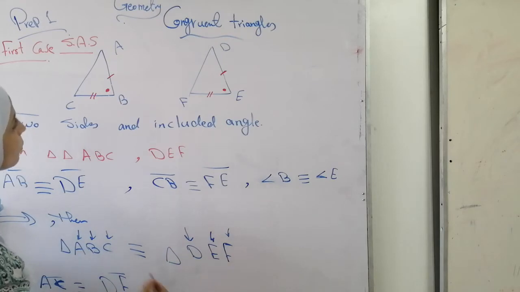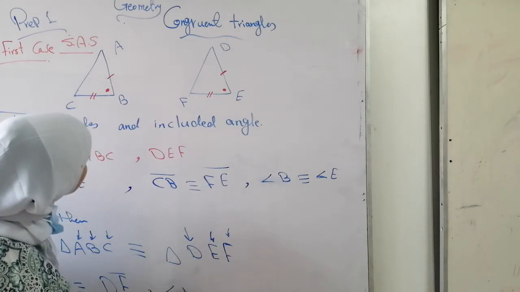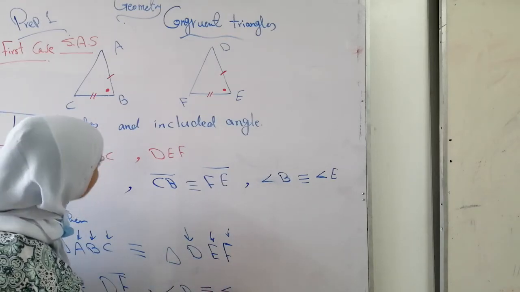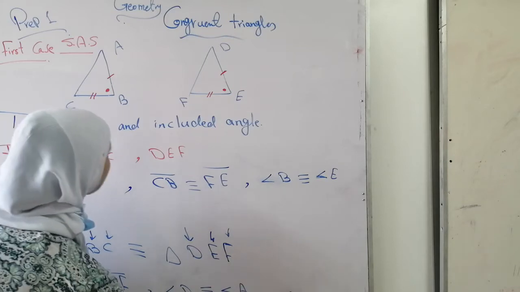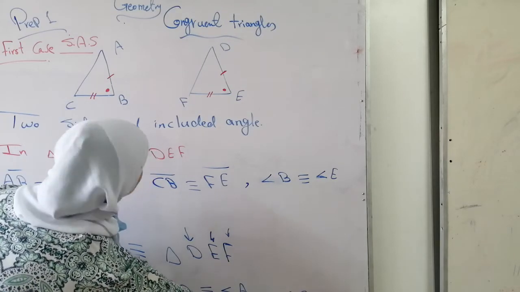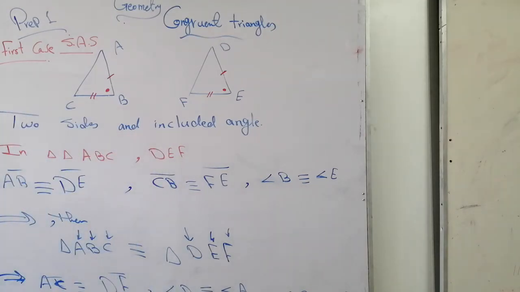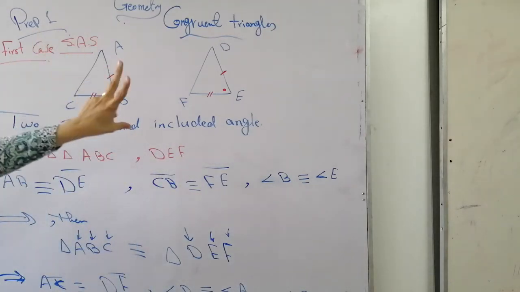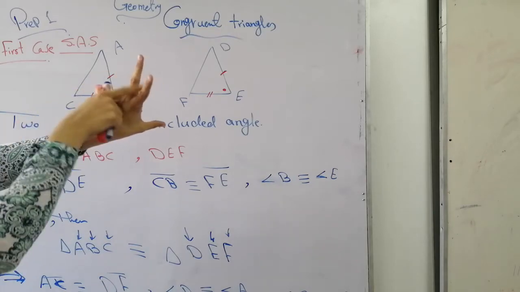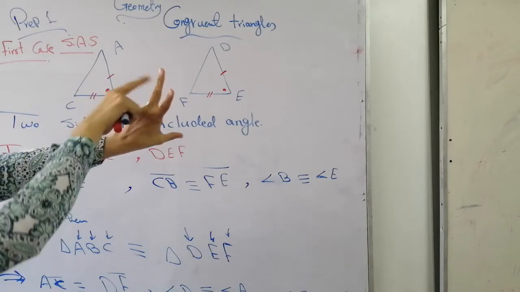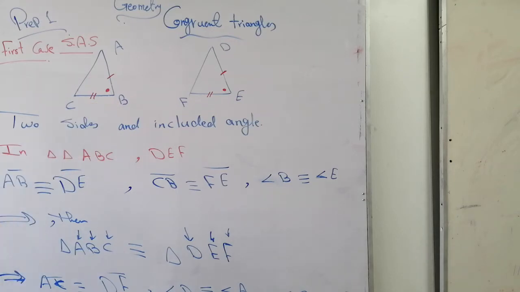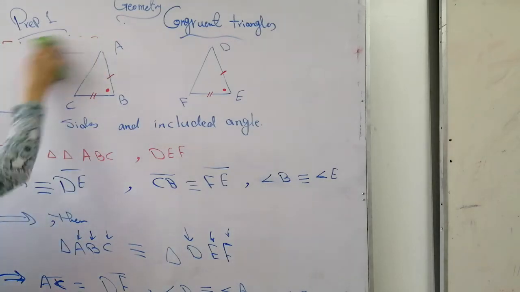And what else? Angle D is congruent to angle A, and angle C is congruent to angle F. This is the first case: side, angle, side, two sides and the included angle. If I have this case, I will say these two triangles are congruent.